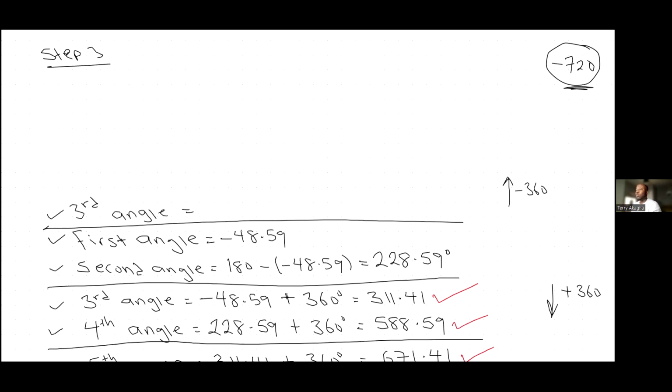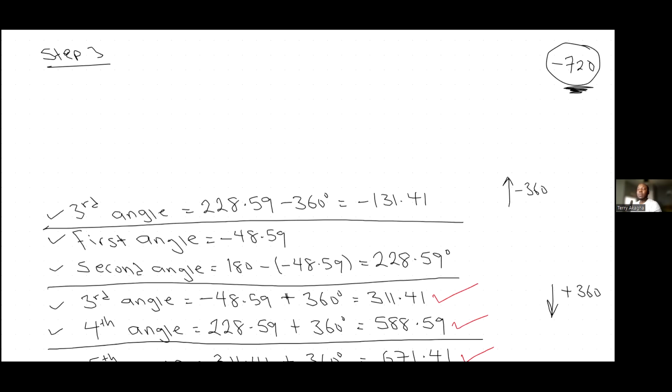So it's going to give you 228.59 minus 360 degrees. And when you press your calculator for that, it should give you minus 131.41. Minus 131.41 is less than 720.